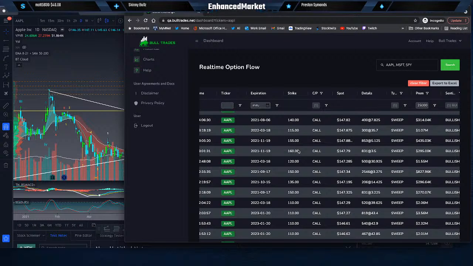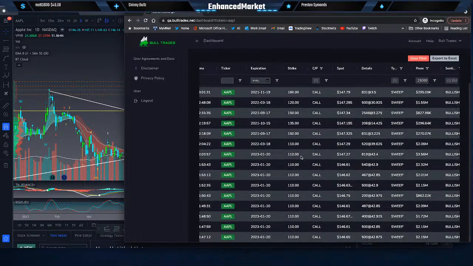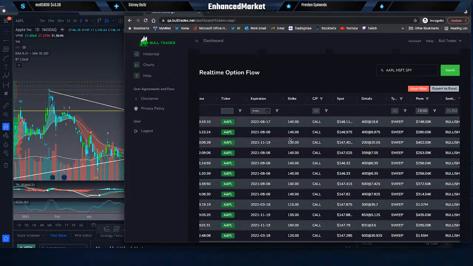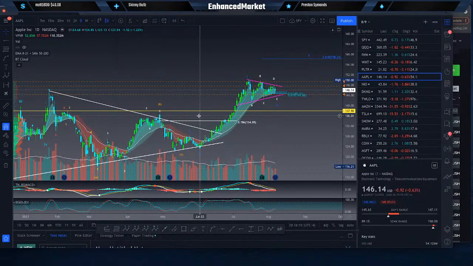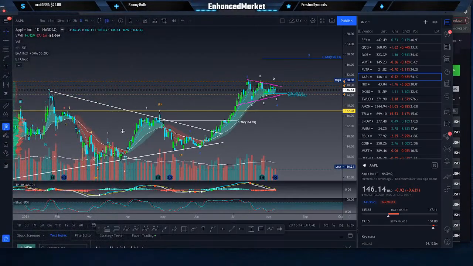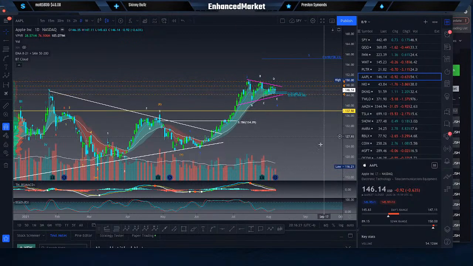A 160 call right here for 295,000. Yeah, so the flow hasn't really stepped in yet for anything too bullish. So I'm really looking forward to seeing how that changes this week. I'm sure we'll see a change because this is a great setup here.